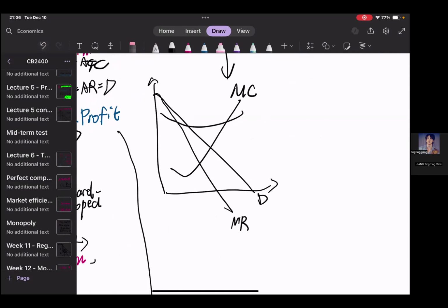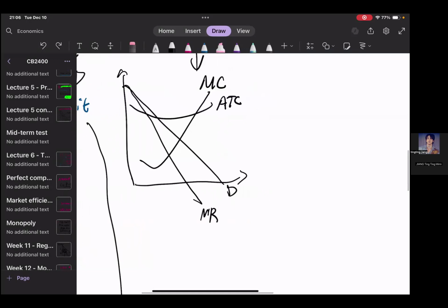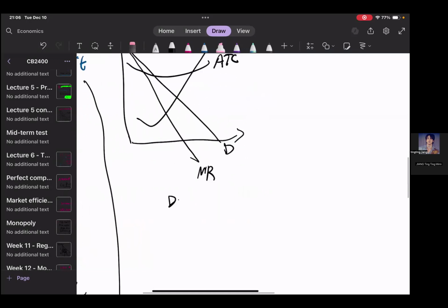Like I said in the previous case too, it can be anywhere, and depending on the situation, whether it's higher than this point or lower than this point, things will change as well. And keep in mind that demand will have a price equal to something.